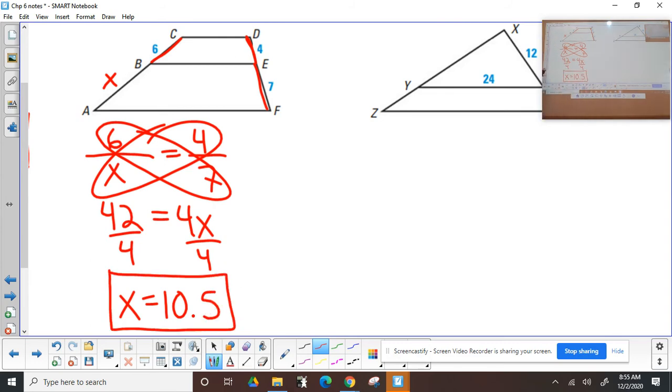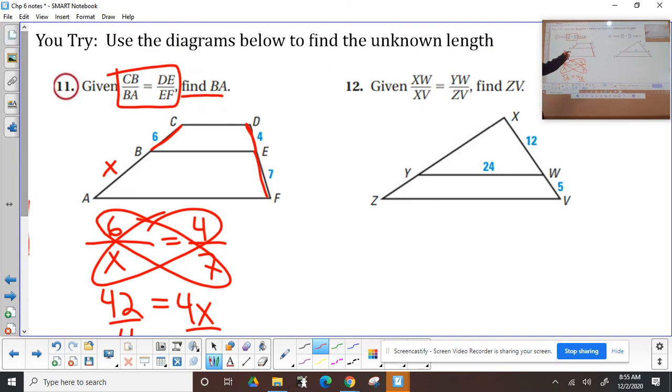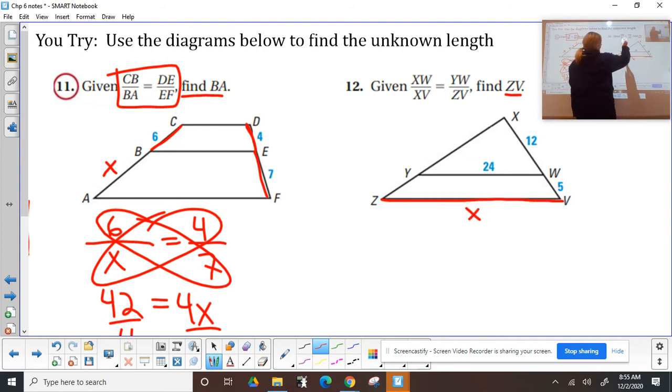In the second example, again, I'm just filling in the blanks to the proportion. They tell me to find ZV, so that's going to be where our variable is. ZV is this segment here, so I'm going to call that x. I have XW, which is 12, over XV.